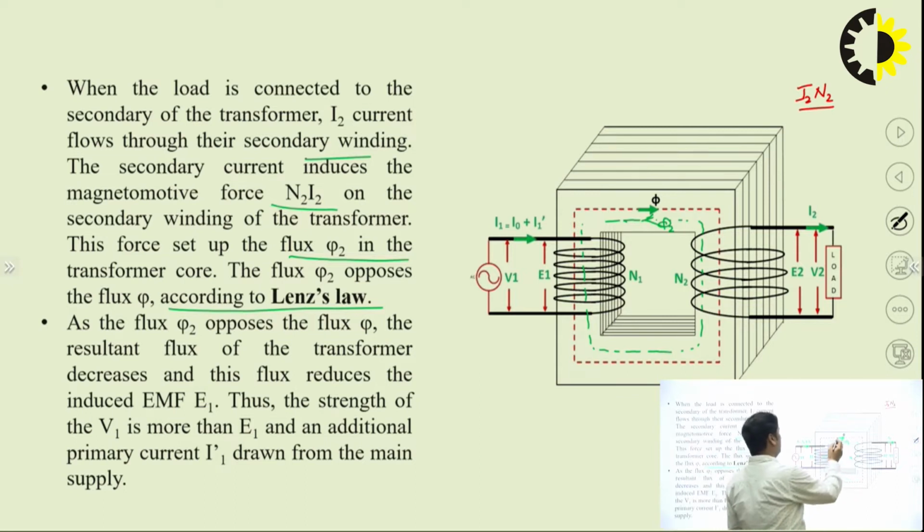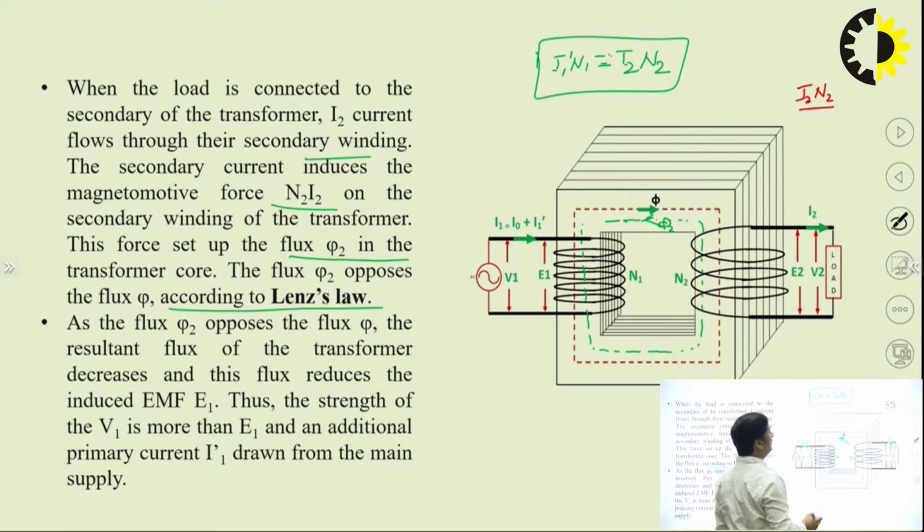Because of this, some extra current will flow, called I1 dash, and I1 dash into N1 is the associated MMF. So I1 dash N1 must be equal to I2 N2 to compensate that flux, because I want the flux phi to be constant throughout this operation. That means I need phi 2 dash, which is opposite to phi 2, so that phi is constant. This current I1 dash will give the MMF which will compensate I2 into N2.